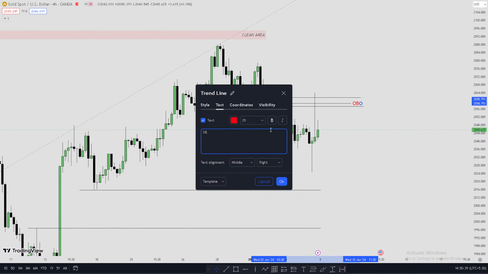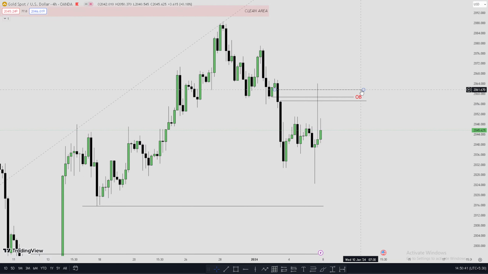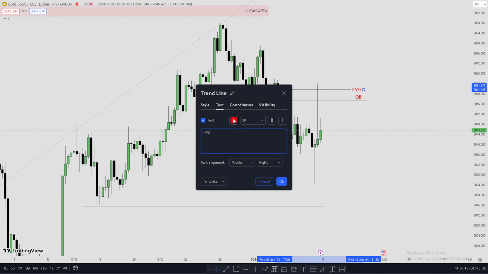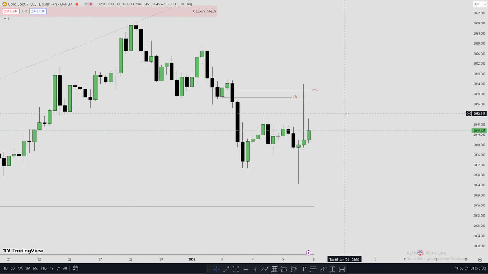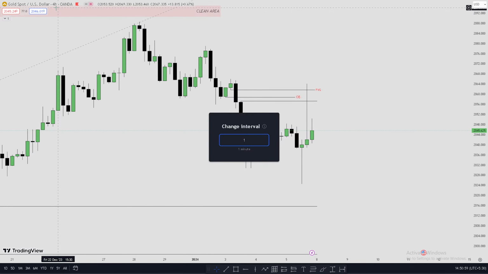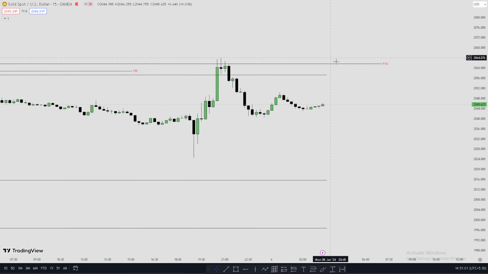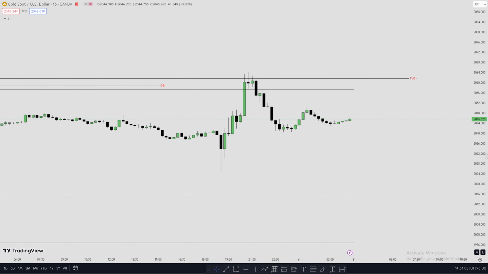This was the block. This was my fair value gap. It came all the way in, then gave us a good down move.